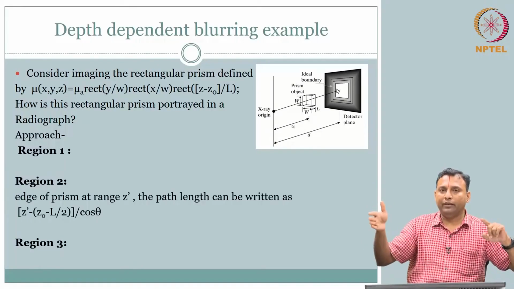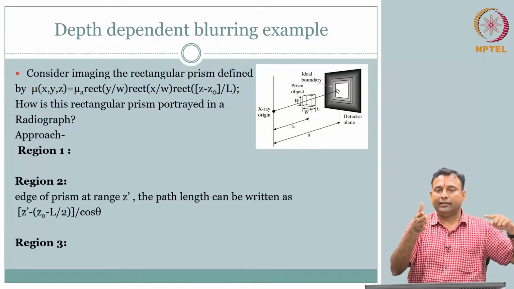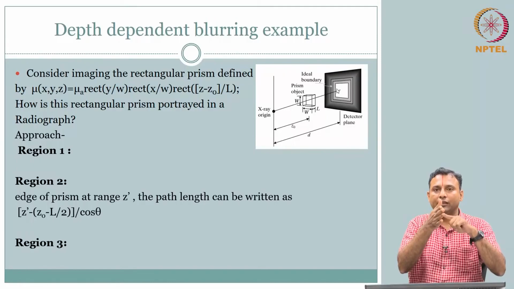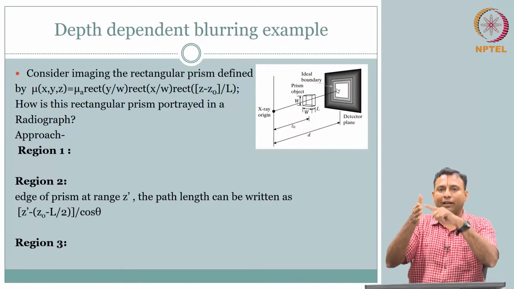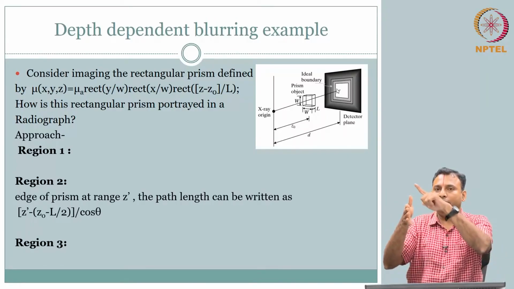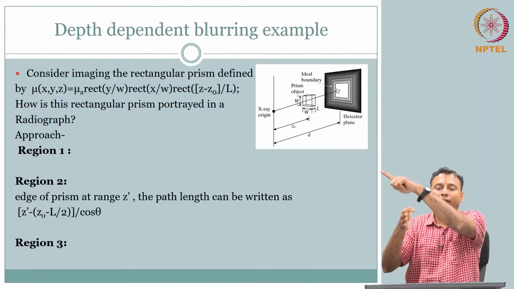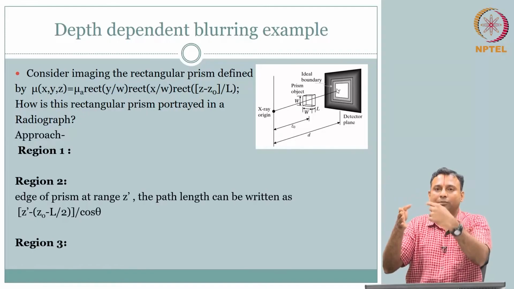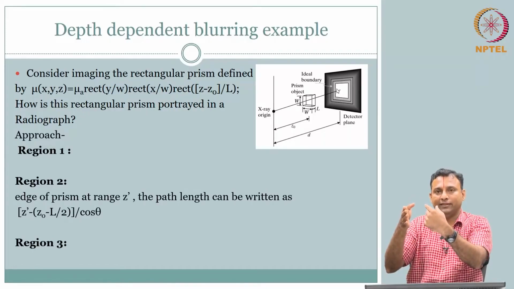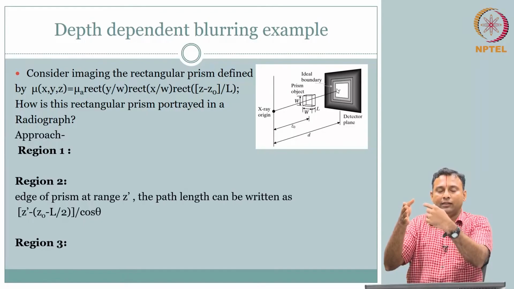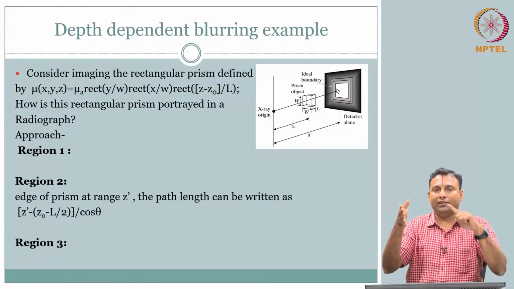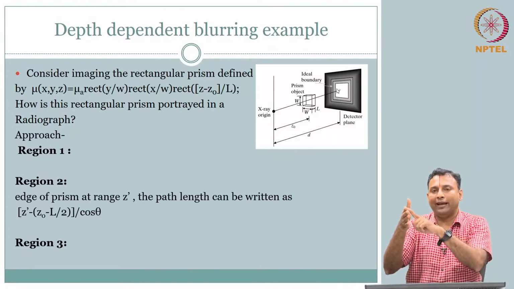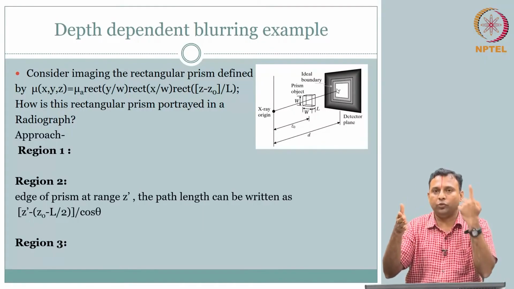It could happen that the X-rays enter the front face but do not go through the complete path length; they exit in between and then hit the detector. You are still going to have a value there because it is a smaller path length. That could be one region: a partial region where the X-ray enters but does not go completely through to the back end, exiting before that.